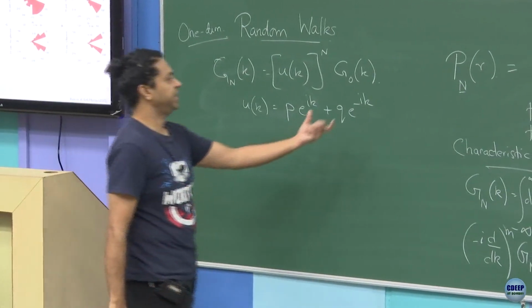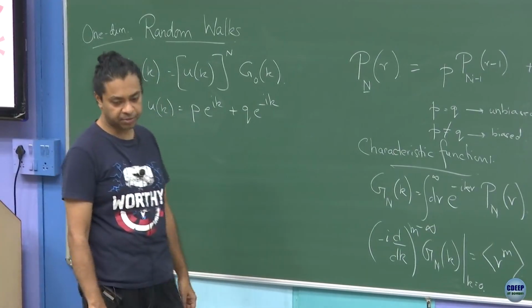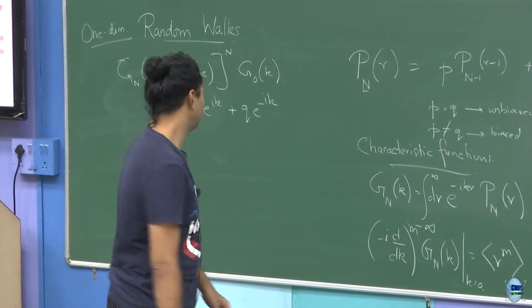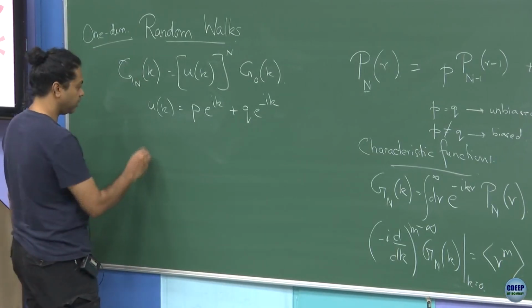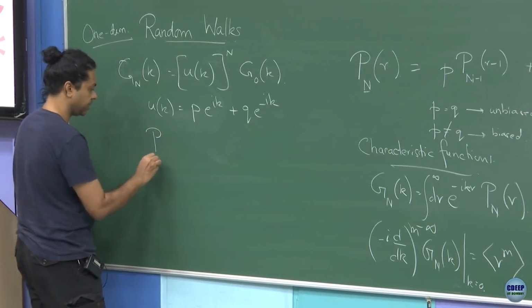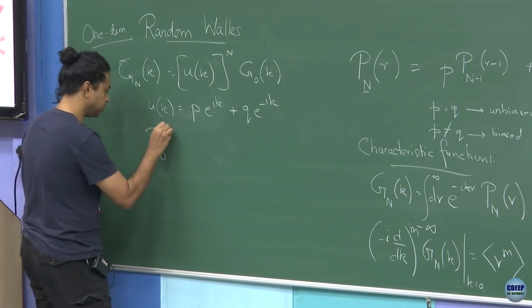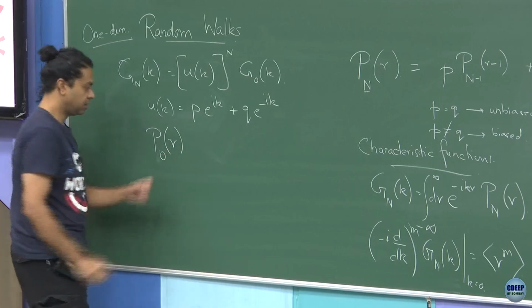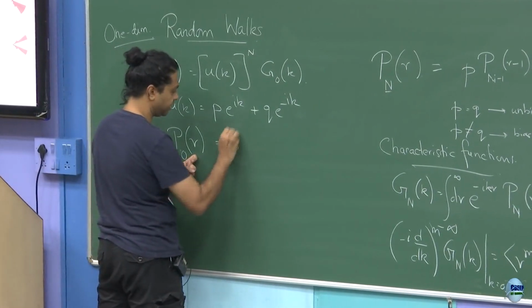Now, I need my initial condition, right, and let us say I choose my initial condition that the particle starts at the origin. Okay. So, I have this line where the particle starts at x equal to 0. What does that mean? That means that P0, the probability distribution at time 0 for location r, is a delta function.